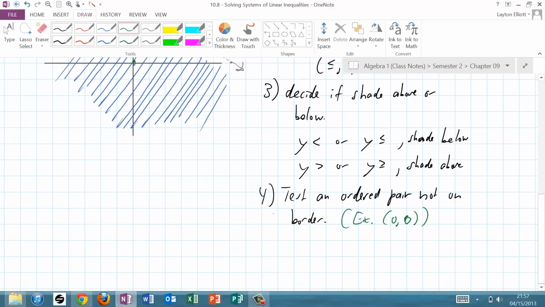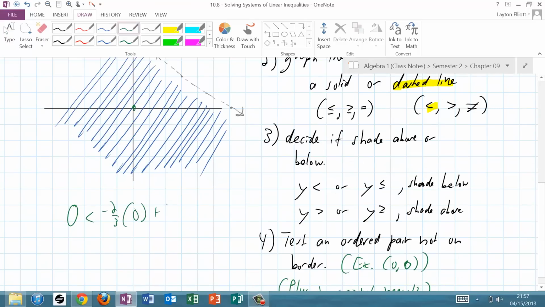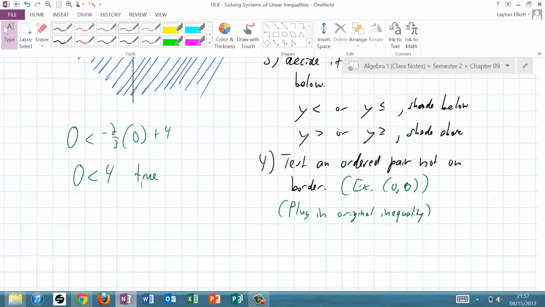When I say test, I mean plug into the original inequality. So y is less than negative 2/3. Actually, it shouldn't be y, it should be 0 is less than negative 2/3 times 0 plus 4. And I get 0 is less than 4, and this is true. Since 0, 0 is in the shaded region, I would expect it to be true.